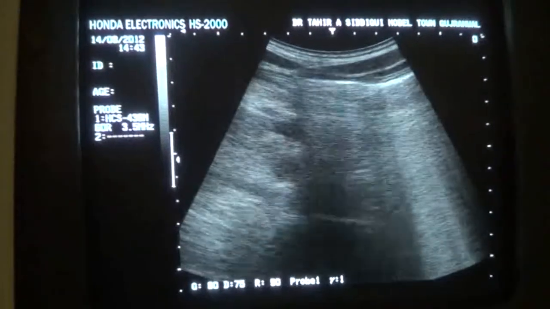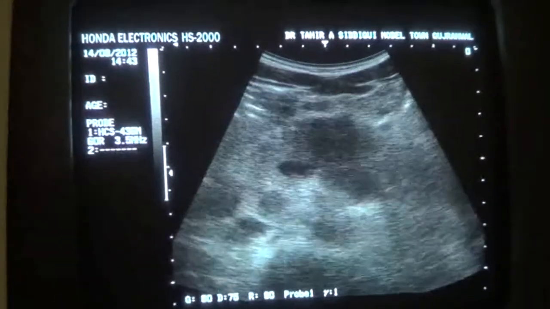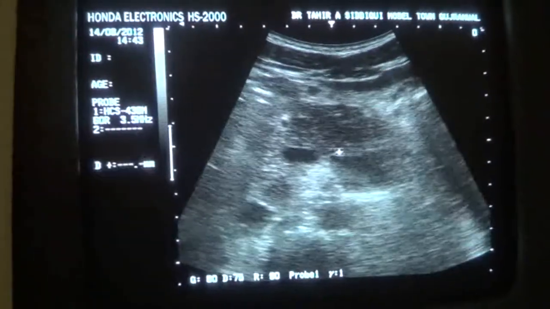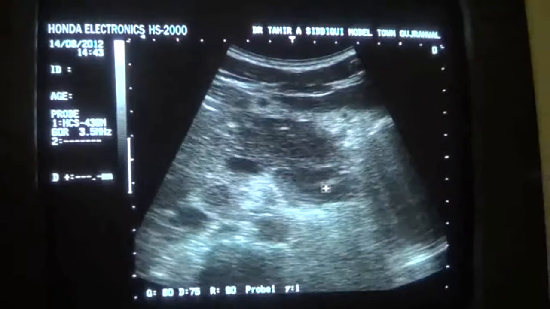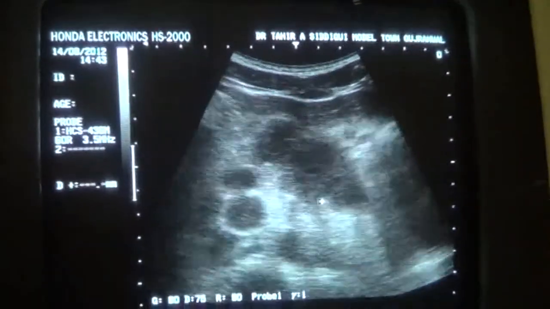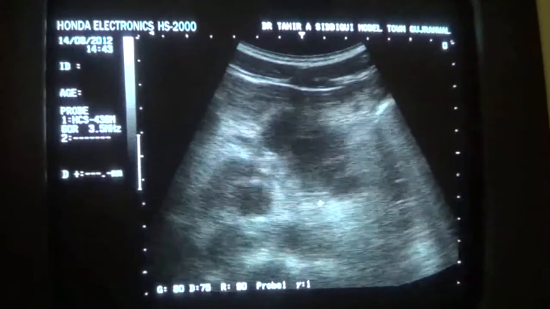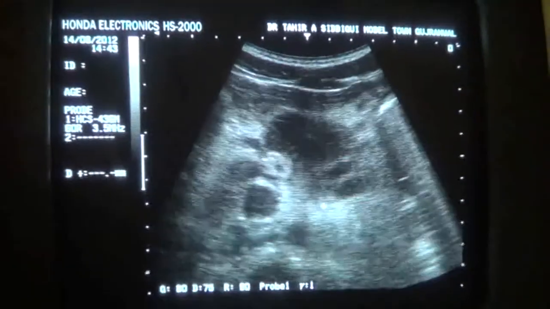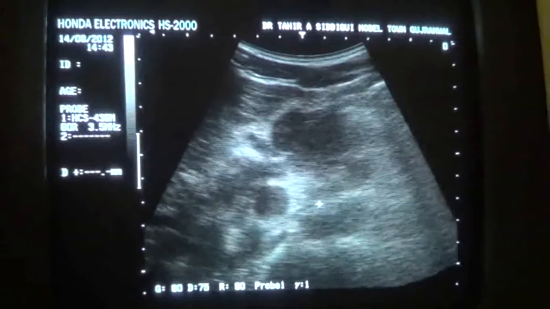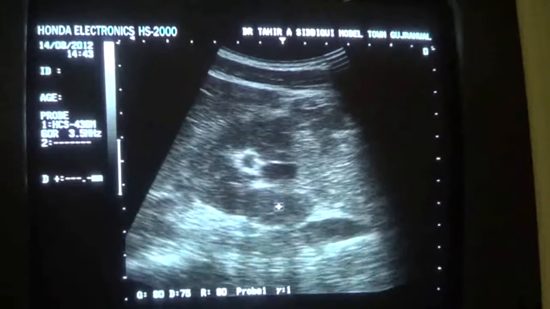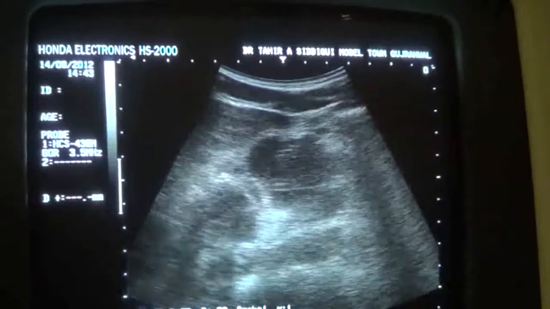When I say that this area is a lymph node, it should not change its shape much. If this is a lymph node, it will not change its shape like a tubular structure.